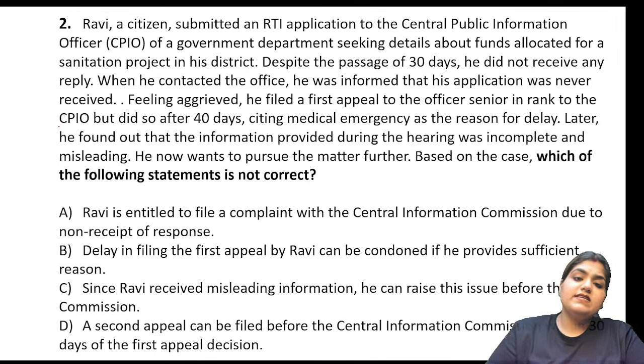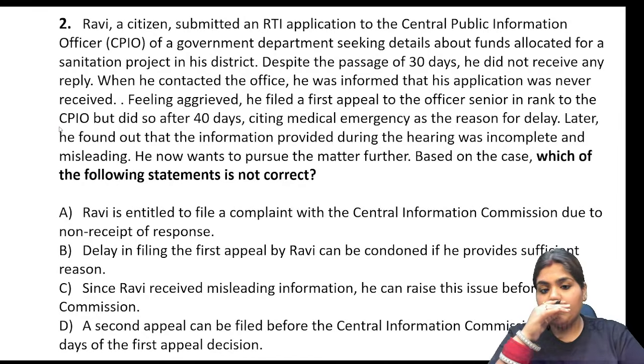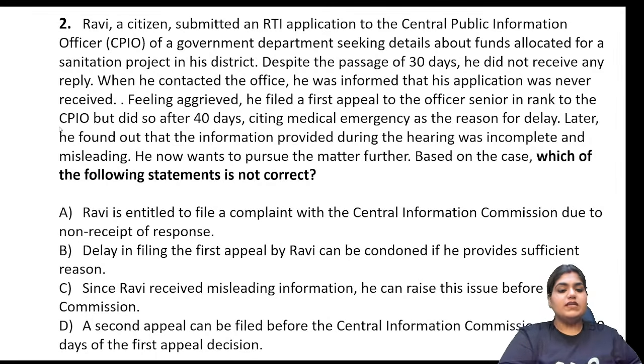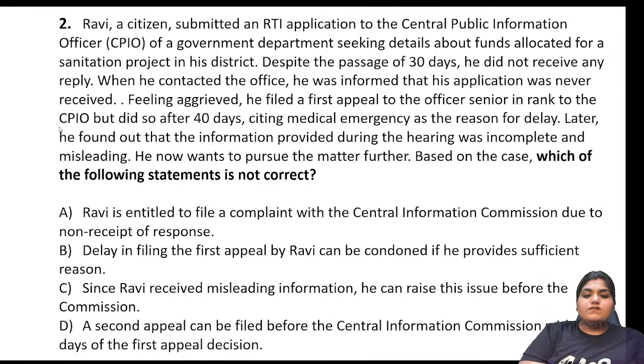Next. Ravi, a citizen, submits an RTI application to the Central Public Information Officer of an agriculture department seeking details about funds allocated for the sanctioned project in his district. Despite the passage of 30 days, he did not receive any reply.